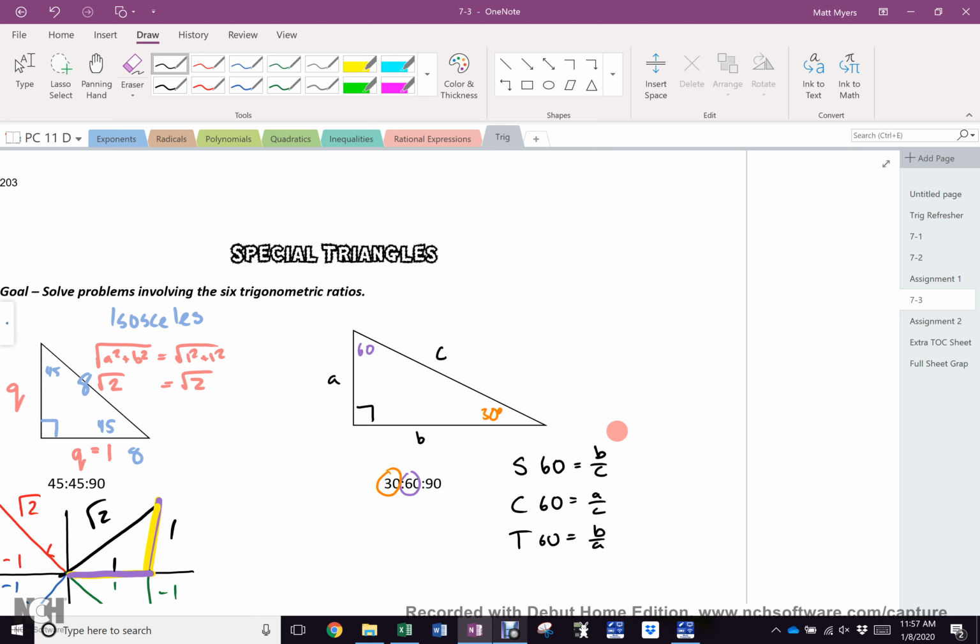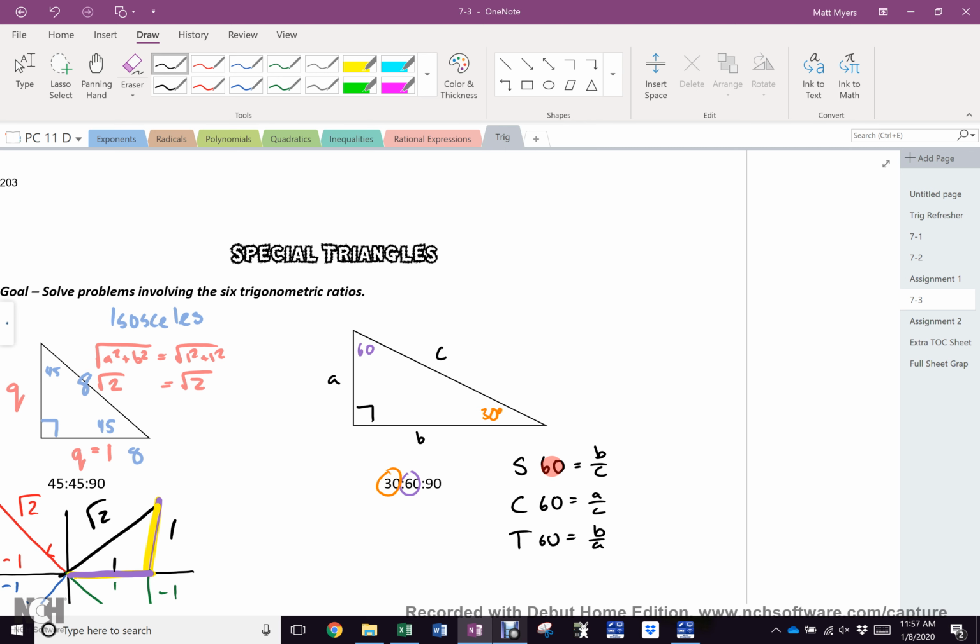Your calculator. Can your calculator tell you the sine of 60? What is it? 0.866.